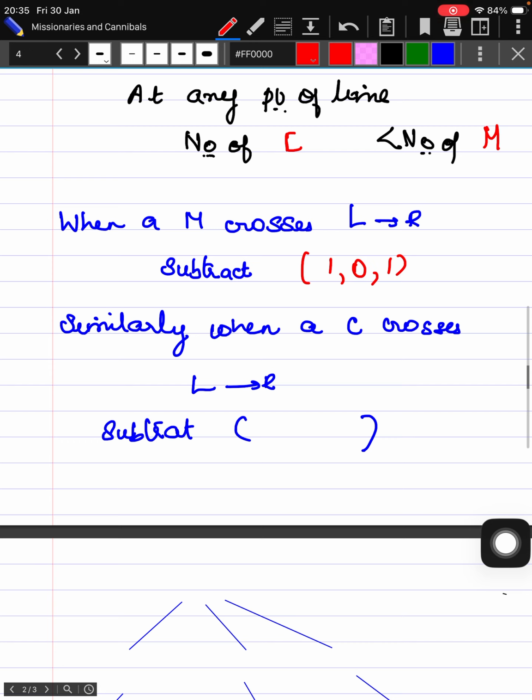Okay, because the first number stands for the number of missionaries, the second number stands for the number of cannibals, and the third one stands for the boat. Similarly, when a cannibal crosses left to right, we should subtract 0 comma 1 comma 1 because the boat has gone from left to right. There is no boat in the left bank. A cannibal has also crossed from left to right.